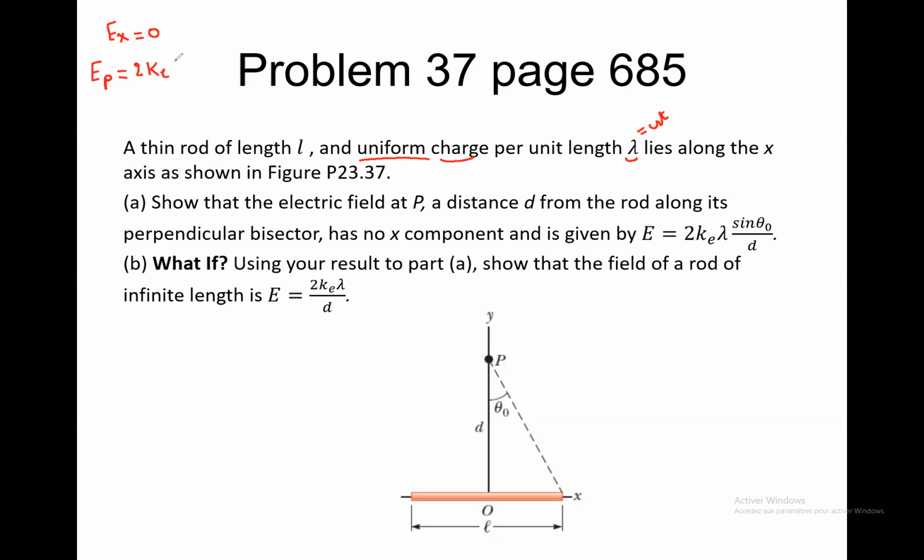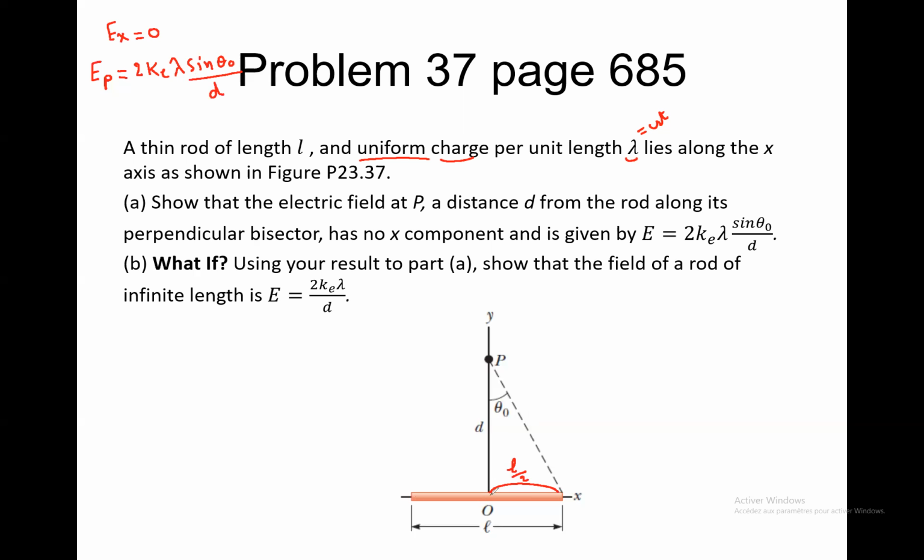2 ke lambda sine theta 0 divided by D. Be careful here. Sine theta is opposite, the length L over 2.